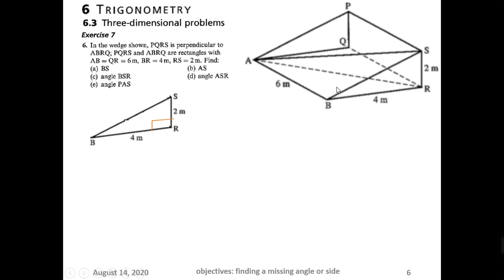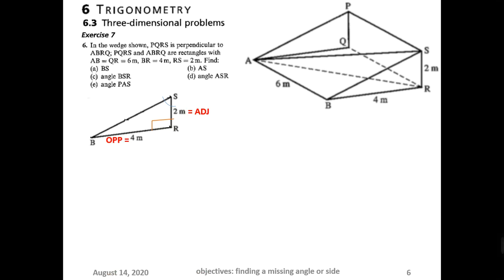You must identify immediately the right angle, and then you must identify the unknown angle. Based on the unknown angle, 4 is the opposite side to the unknown angle, and 2 is the adjacent side. So we know the adjacent and the opposite side, and accordingly we're going to use the tan rule.